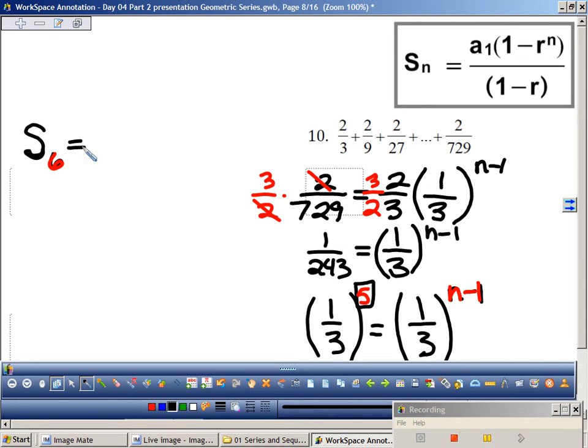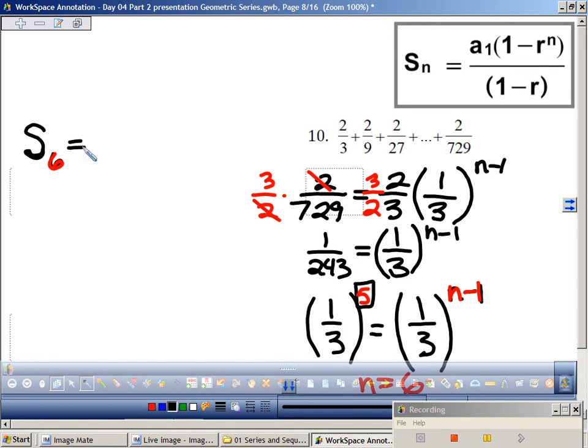So I'm going to use that. My formula up here for the sum of a geometric series uses the first term, which is right here, 2/3. This one's going to be ugly. 2/3, 1 minus my r, which we figured out was 1/3, always in the parentheses right there, to the n, which is 6.